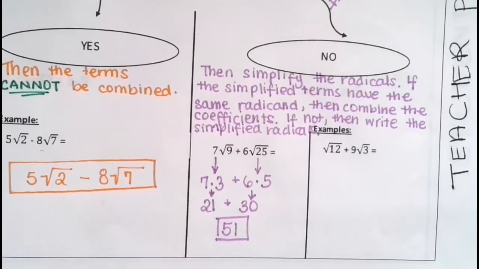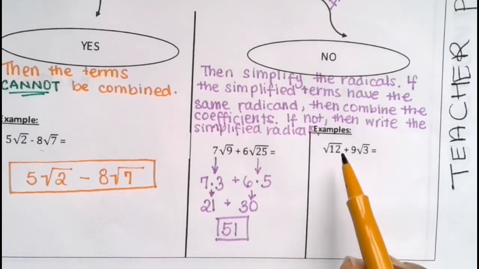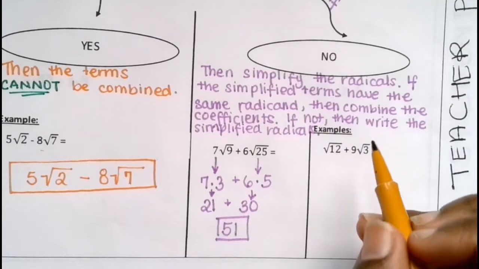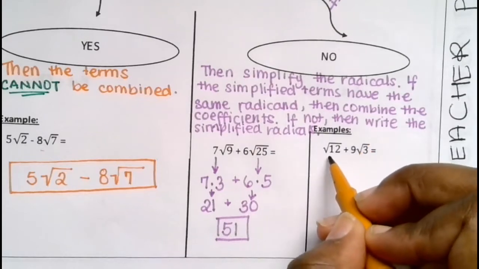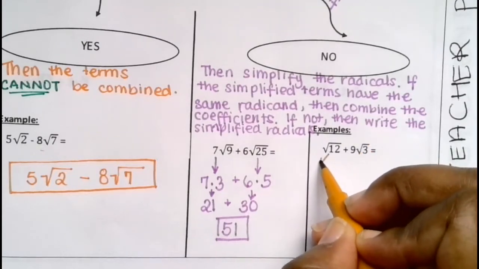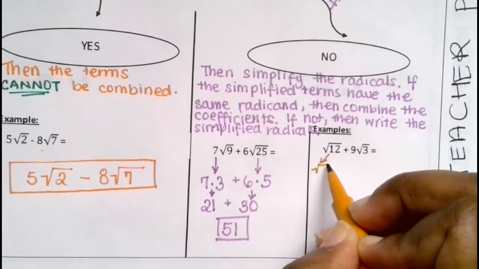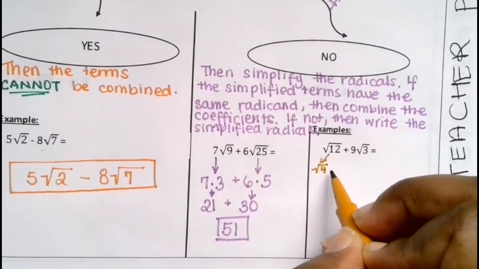What happens if I don't have perfect squares? I would still have to go through the process of simplifying my radicals. So taking a look at this example, I have root 12 plus 9 root 3. I can see that root 12 and root 3 are different. Now I have to ask myself, can these be simplified? And it can.